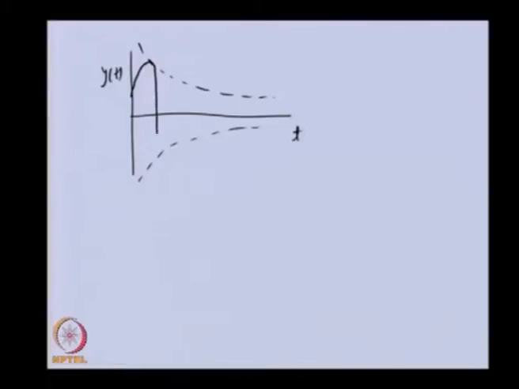Let us see how y will vary. For an underdamped system, if we want to plot y of t with respect to time, the decaying function, which is the first term, will be of this form, and depending upon the initial condition, we will have the free vibration like this. After some time it will decay.